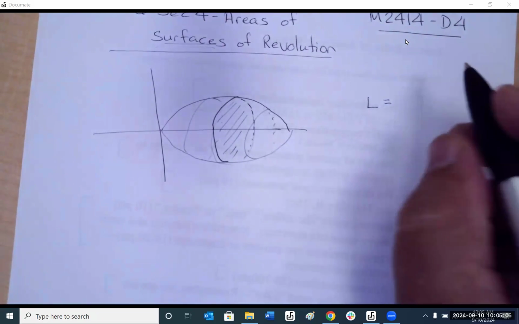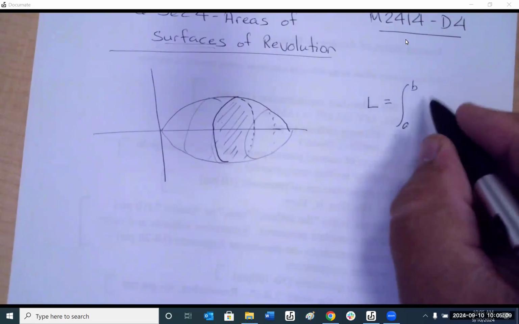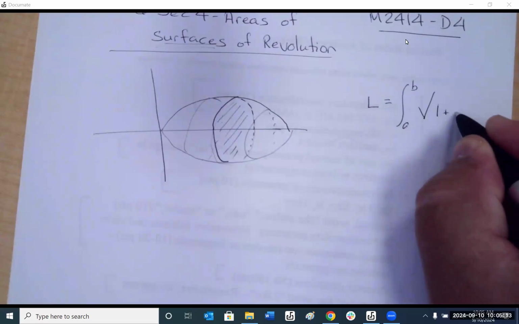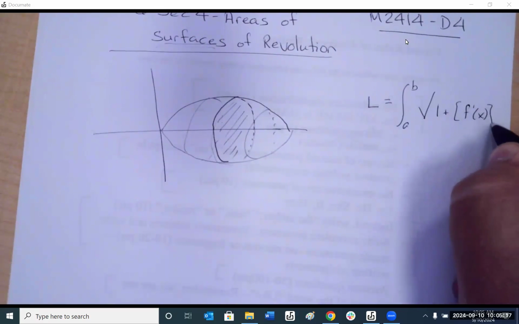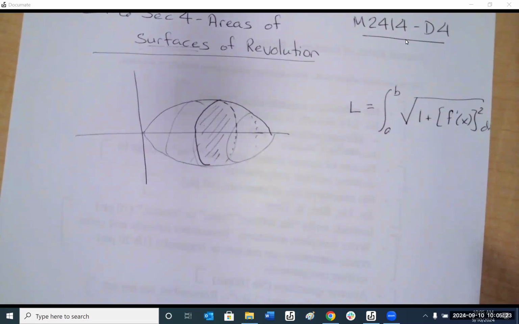Length of the curve, which was, right. And that's what the entire early part of this section was about.